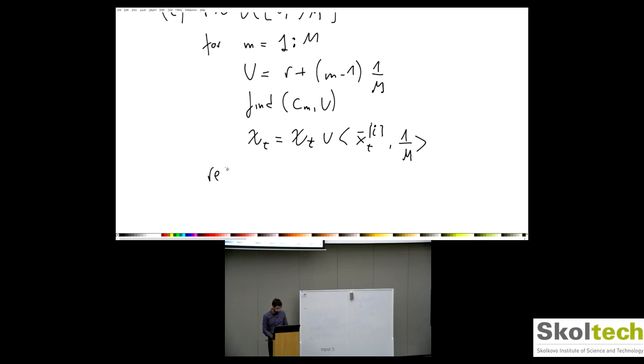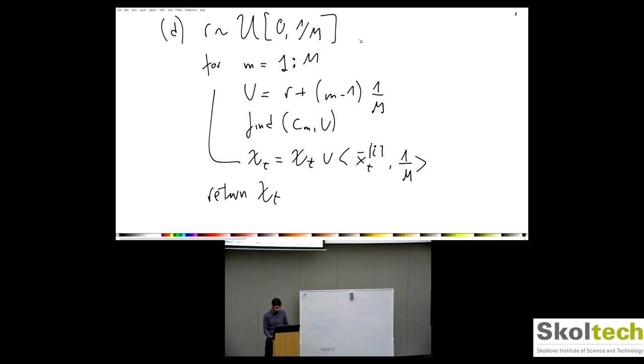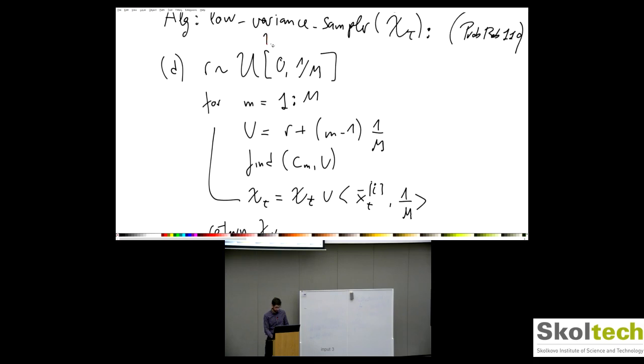And then we just return xt. The initial condition for this algorithm is that we have an xt that is empty.